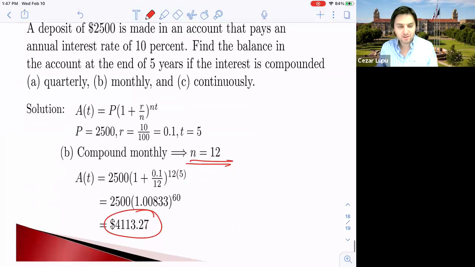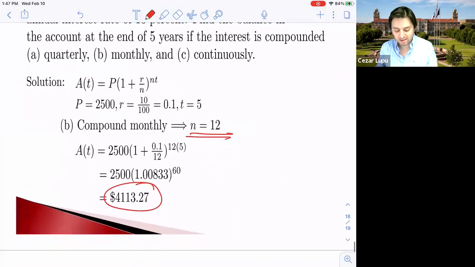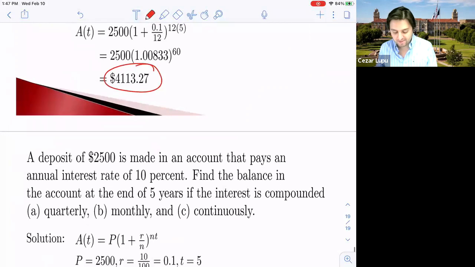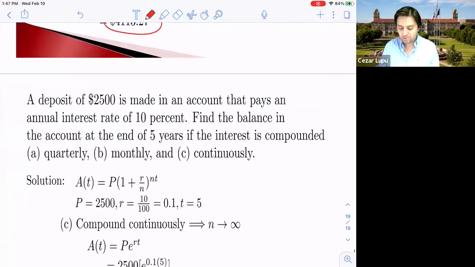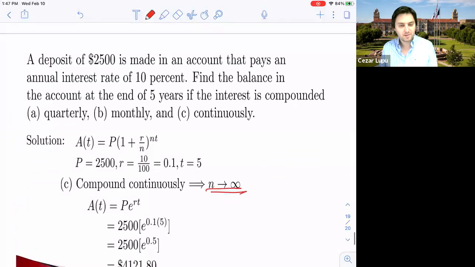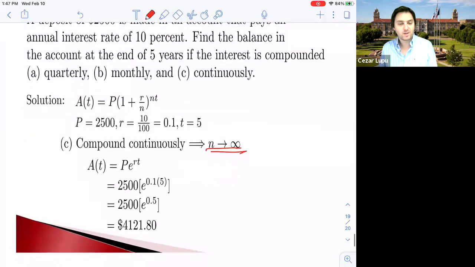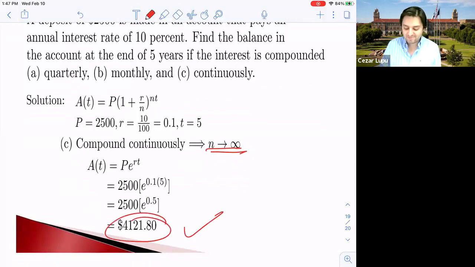And let's see continuously. So continuously means that we're going to take n as it approaches infinity. Right? That's what we mean by continuously. So the same thing. So guess what? We'll get even more. So this is how you want to get.